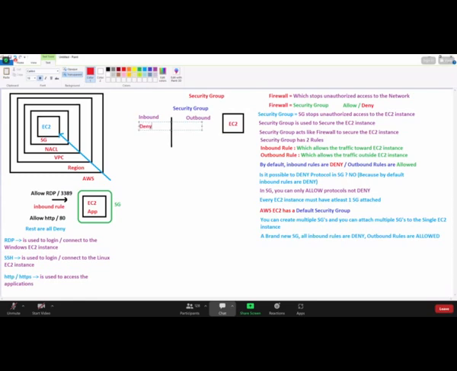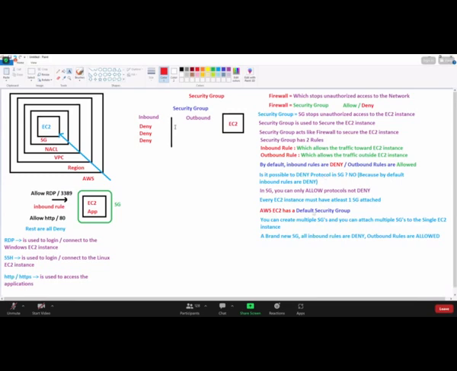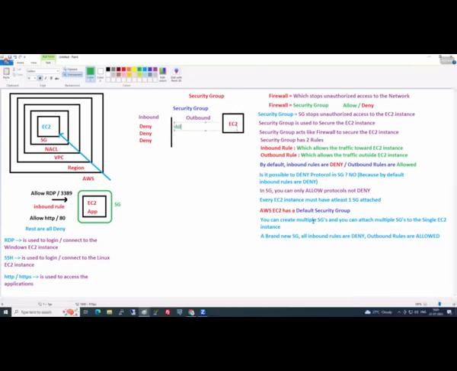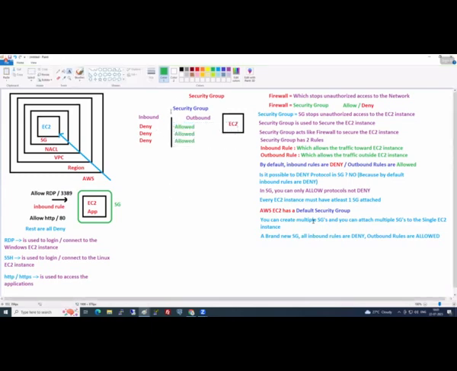Everything is deny, right? Outbound rules are allowed. So if required, can you go and add a rule in inbound? Yes, you can go and add a rule, like an SSH rule. This is how it works. Any questions still here?